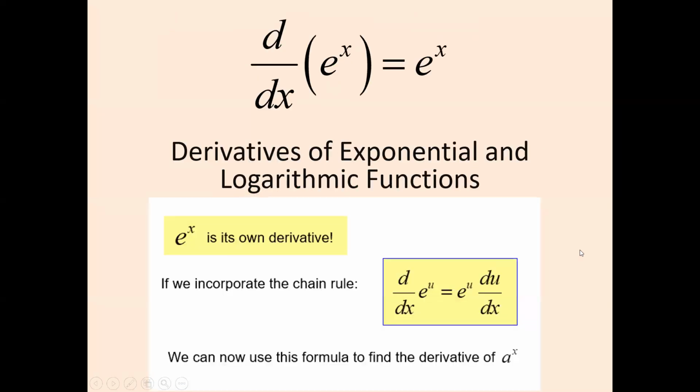Okay, so we have the derivative of e raised to x, which is just e raised to x. So kapag tinanong kayo kung anong derivative of e raised to x, kagad yung sagot niya.